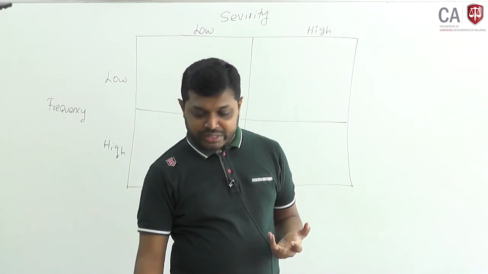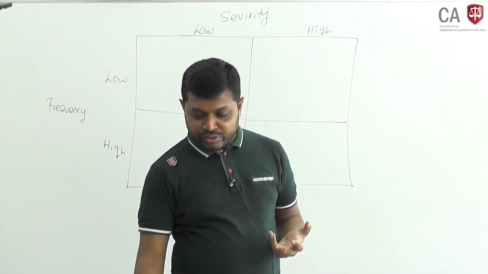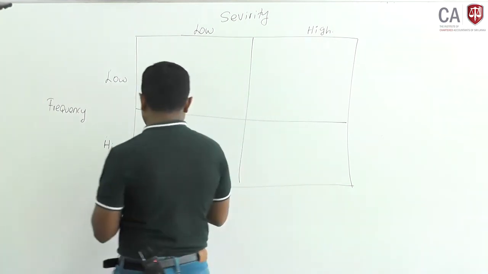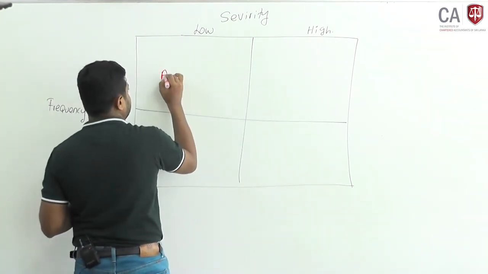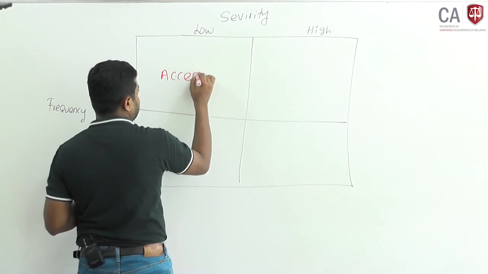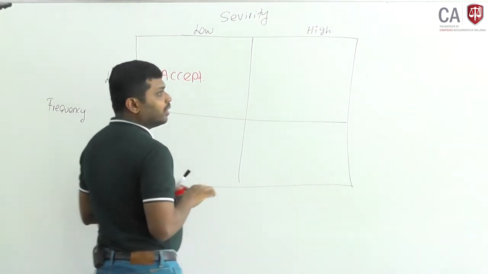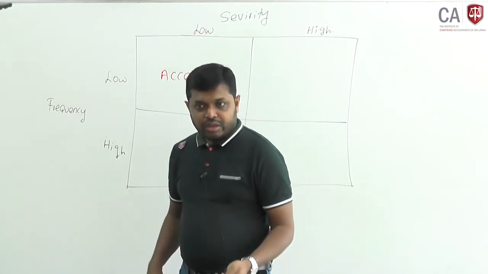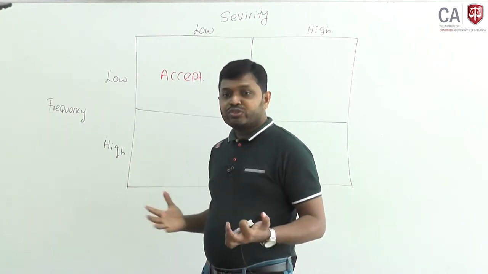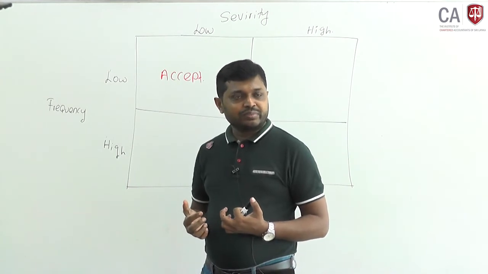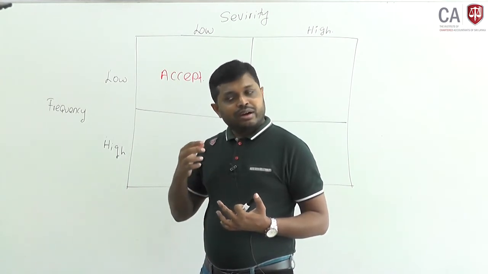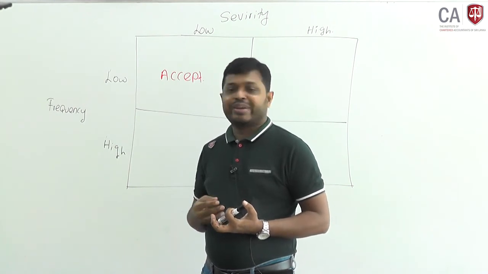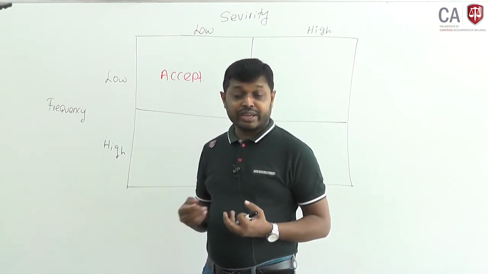Okay, if it is a low risk, then you have to accept that risk. It says accept. As an example, when you are carrying out production, there might be some waste disposal, not regularly.